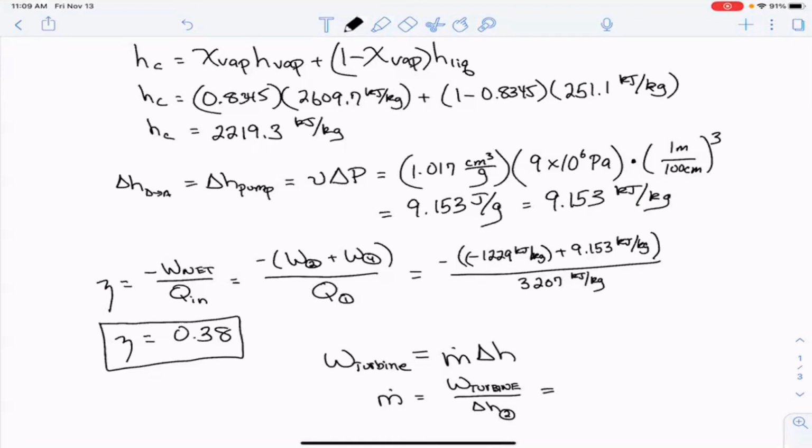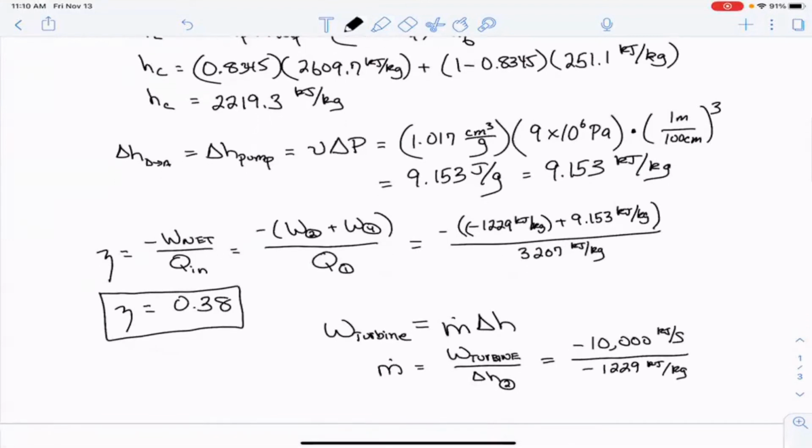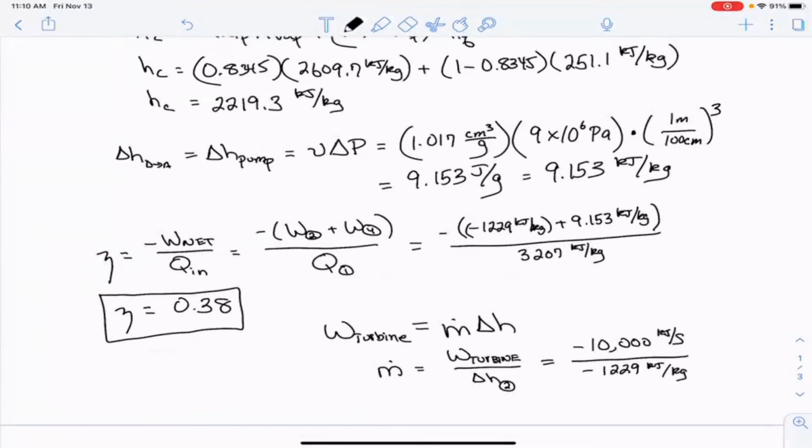And so that equals, remember, this is minus 10 megawatts or 10,000 kilojoules per second divided by negative 1229 kilojoules per kilogram. And so to generate 10,000 kilojoules per second, or a megawatt, the flow rate of steam that you need is equal to 8.1 kilograms per second.